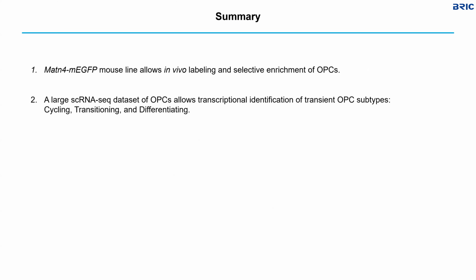I've generated a large single-cell RNA-seq data set of OPCs, and this allows us to now look at transient OPC subtypes that were minimally represented in previous data sets. So cycling, transitioning, and differentiating OPCs. These are all transient states that OPCs can occupy. And now with my data set, we can actually look at what are the transcriptional markers and pathways that are enriched in these transient populations of cells.